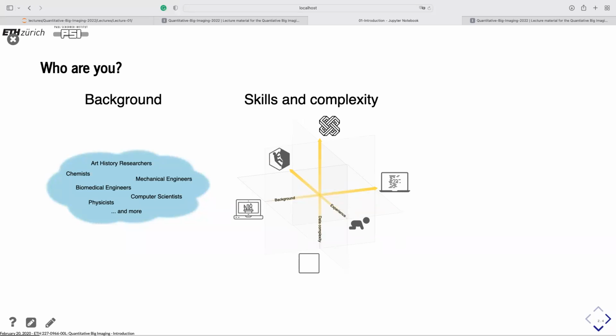So it's a very wide group of people around here. And the skills, what you know about image processing, programming, what kind of math you have approached before, varies very widely. So we have experience from little baby till the advanced climber.